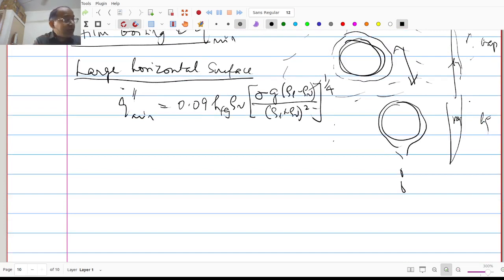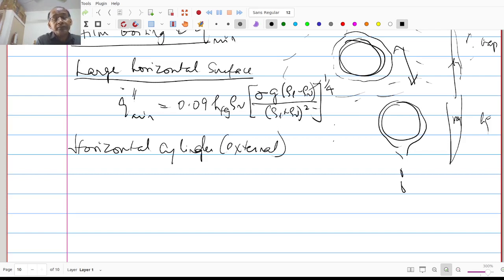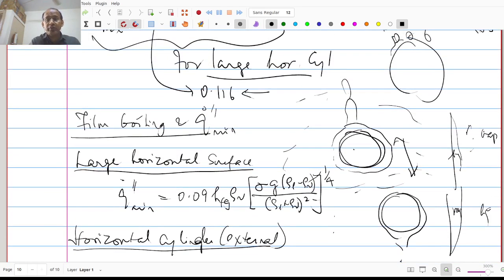So let us look at the horizontal cylinder. This is external film boiling outside a horizontal cylinder. This geometry is what I am looking at.